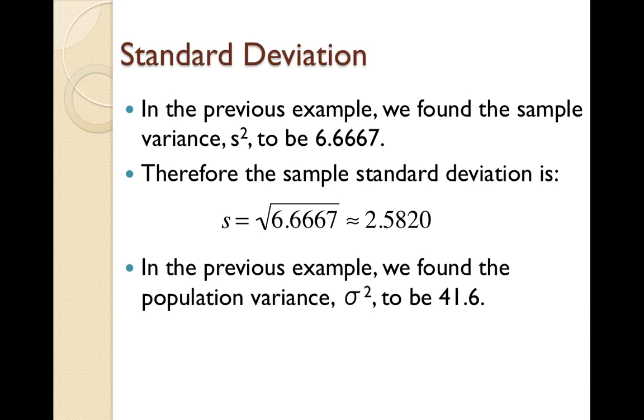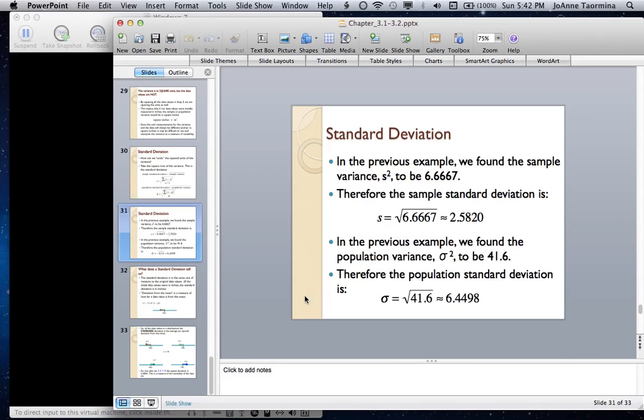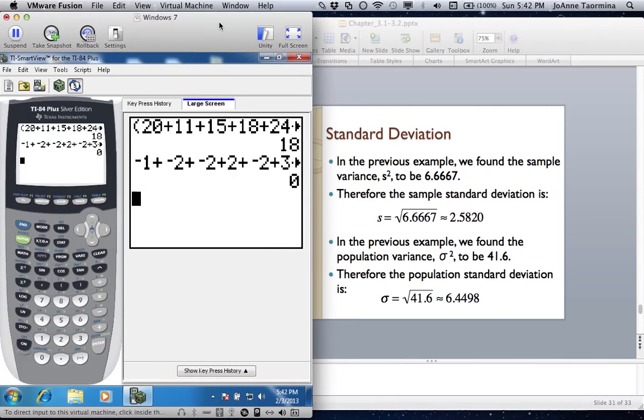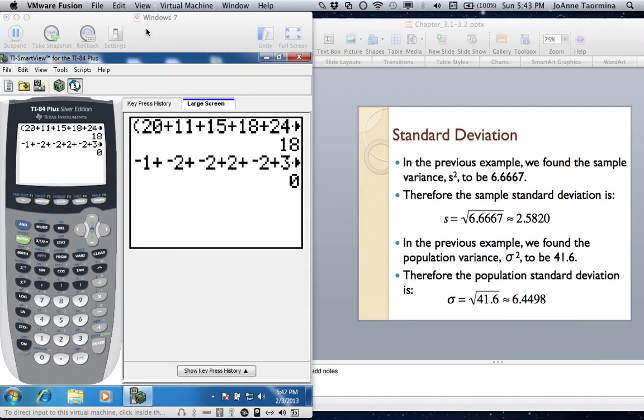Also in the previous example, we found the population variance, sigma squared, to be 41.6. If we take the square root of that, we get 6.4498. And like the variance, we're going to round the standard deviations to 4 decimal places.